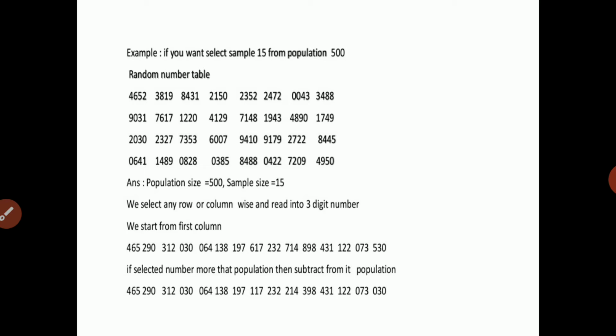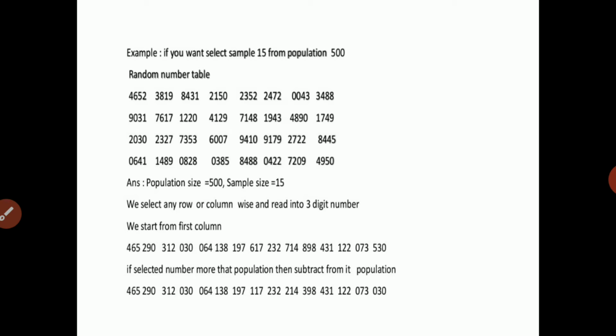The example is, if you want to select a sample of 15 from a population of 500, how can you select the sample from this population by using a random number table? There is a random number table in which four-digit numbers are written, from which we have to select the 15 samples randomly.